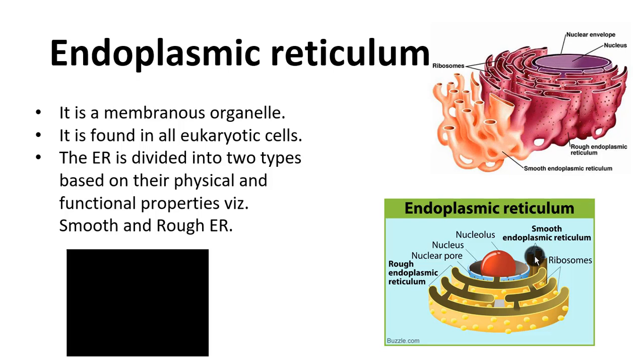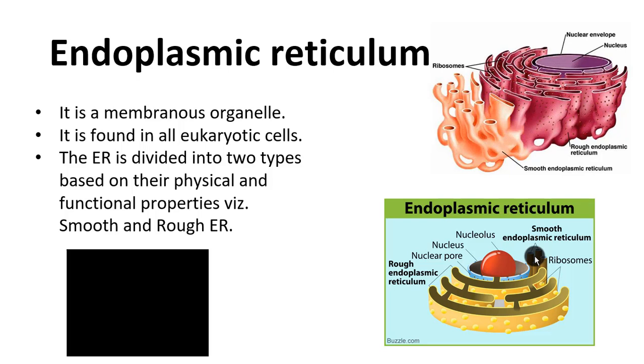It also requires three things: a raw material, a manufacturer, and then a packaging component. So who brings the raw material for proteins? What are the raw materials for protein? These are amino acids. All the amino acids are brought by a very important cell organelle, that is the ribosome.